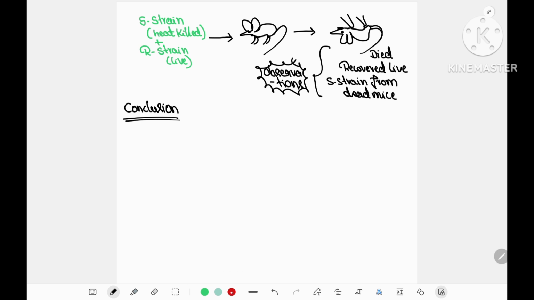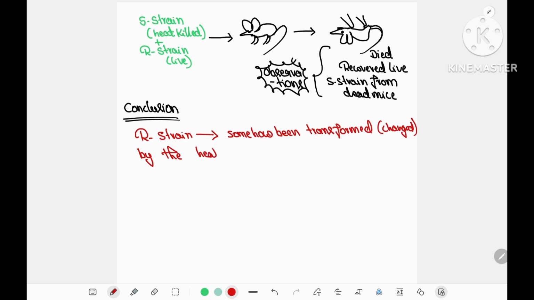So they may ask the question, what are the two important observations? One important observation is that the mice died, and he could recover live S strain from the dead mice. From these observations he came to a conclusion. The important conclusion is that the R strain of bacteria has somehow been transformed, meaning changed, by heat killed S strain.